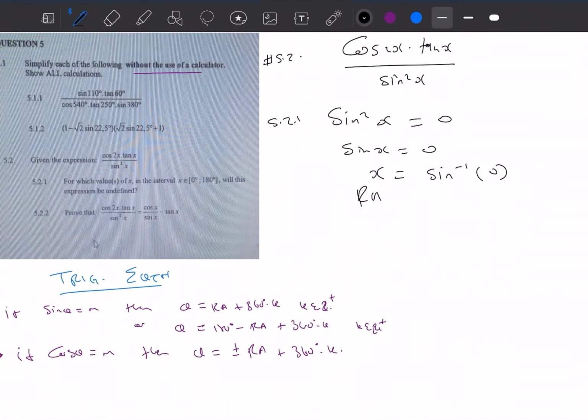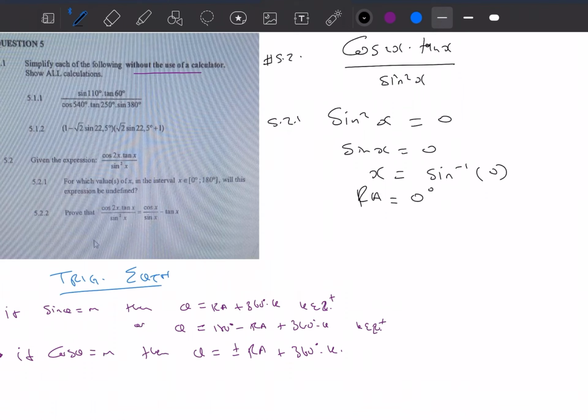So your RA in this case is sine inverse of 0, which is 0 degrees. That is our reference angle. So if cos theta is equal to m, then theta is equal to plus or minus RA. Now you see it's different.